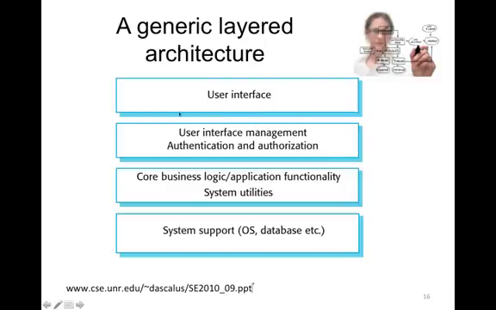We would have one layer for the user interface. We would have one layer for authentication and authorization. We would have a layer for the business logic. And then we'd have a layer for the operating system or the databases or whatever kind of data store we're going to have.